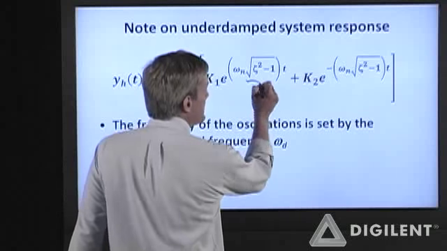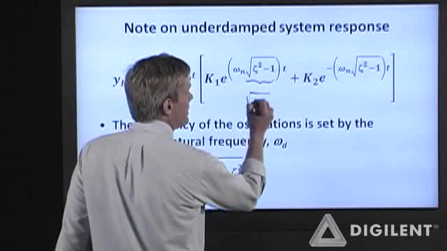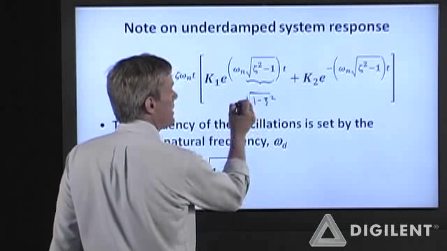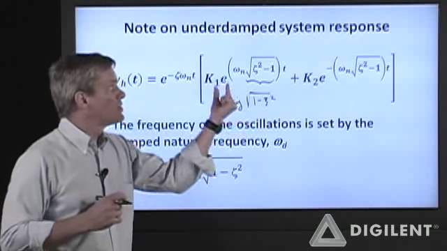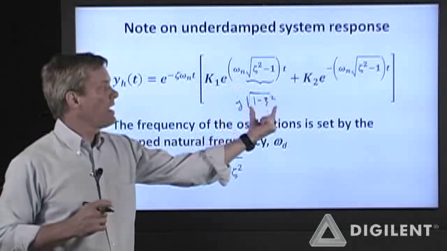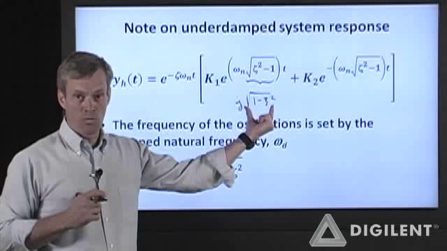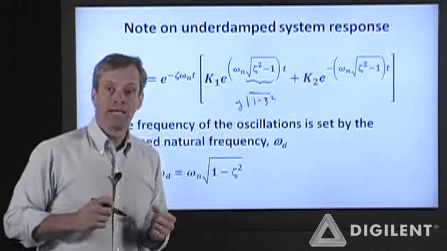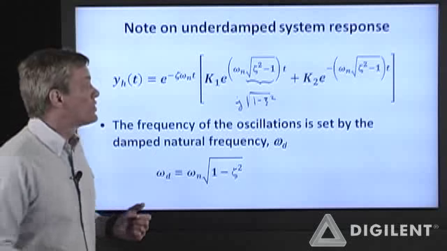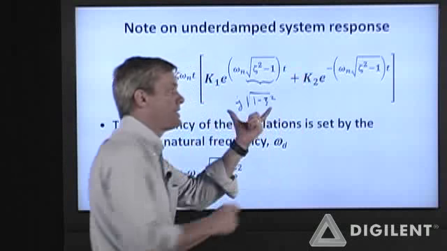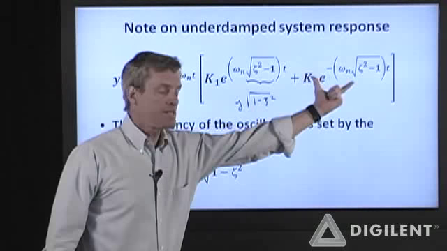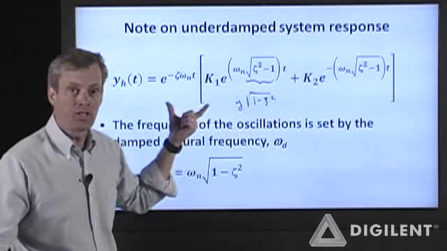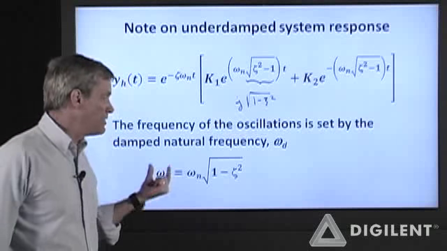We can replace this with the square root of 1 minus squiggle squared times j. So we have an e to the j omega n times the square root of 1 minus squiggle squared. This takes the place of our e to the j omega t.